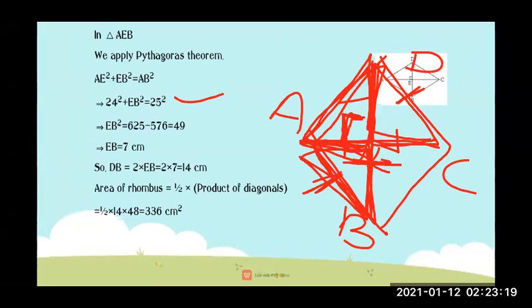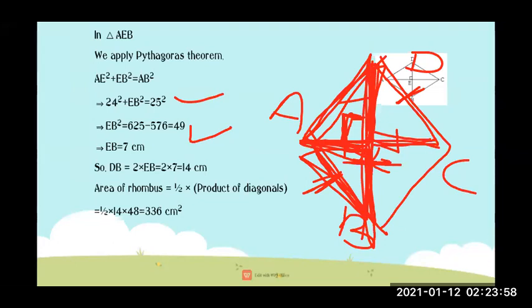So 625 minus 576, we are getting 49. Now 49 is the square of 7. So EB is 7 centimeter. Now if EB is 7, DE will also be 7. So DB is equal to 2 times EB, that means 2 multiplied by 7. So we have found DB equal to 14 centimeter.